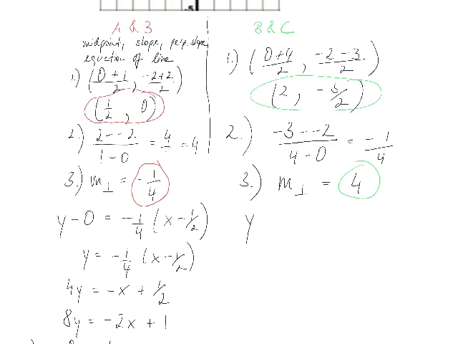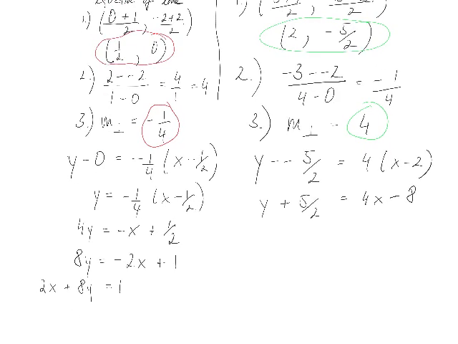So we go y minus 5 over 2 equals 4 times x minus 2. Multiply this out, first of all we change this to y plus 5 over 2, and then I multiply out the bracket, which is 4x minus 8. Okay, I multiply by 2 to get rid of the fraction, so that gives me 2y plus 5 equals 8x minus 16.